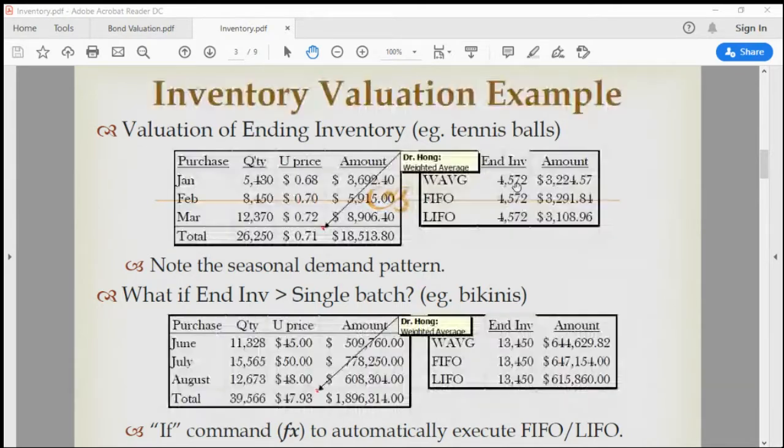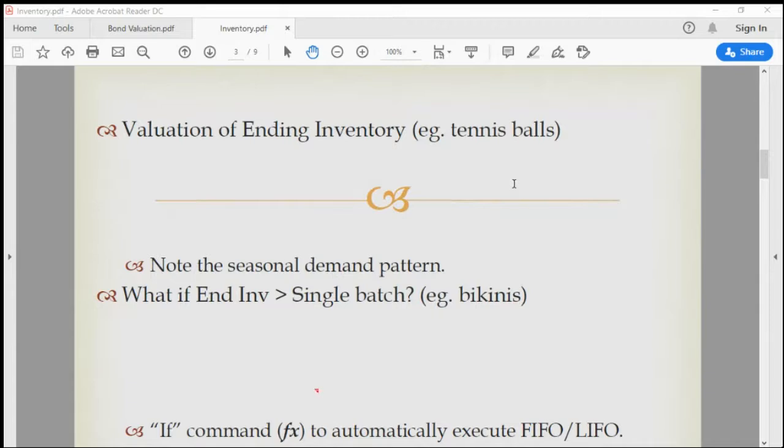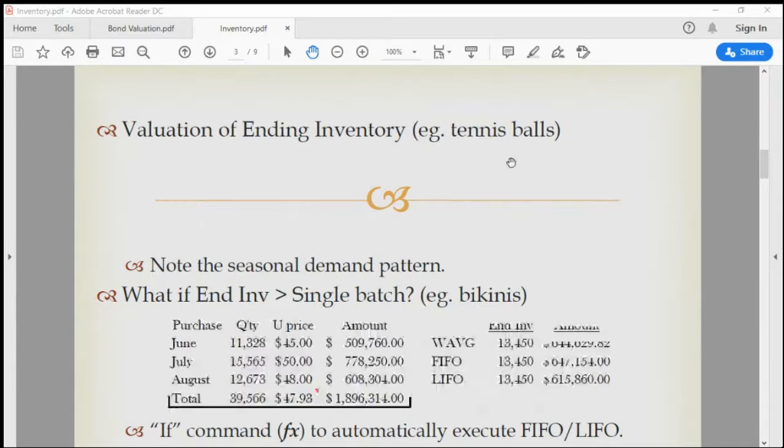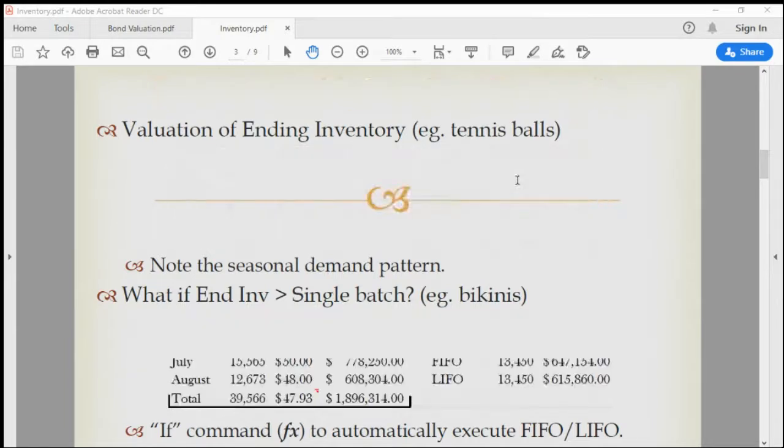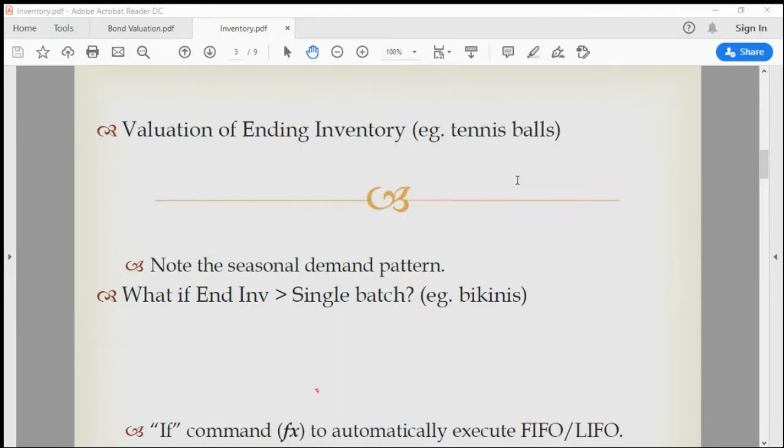At the end of the quarter, you have 4,572 units of tennis balls left. That's called ending inventory. But now we are facing a problem. What dollar value do we put on this ending inventory, right? That would be a big question.